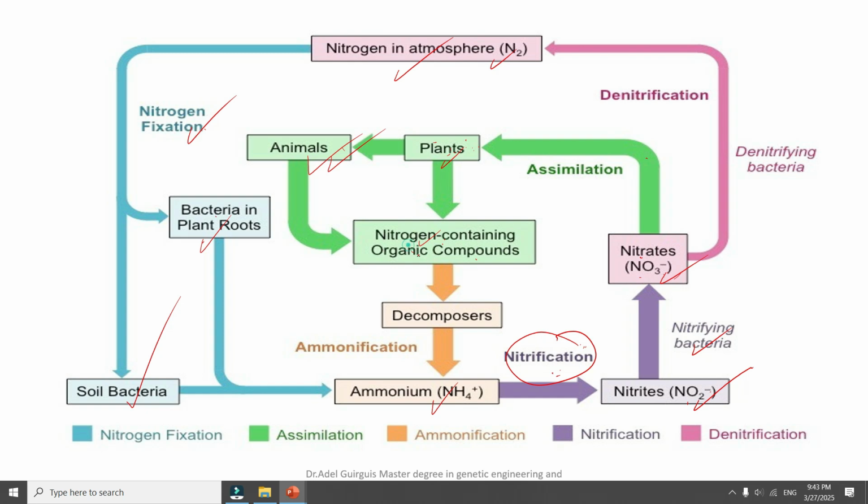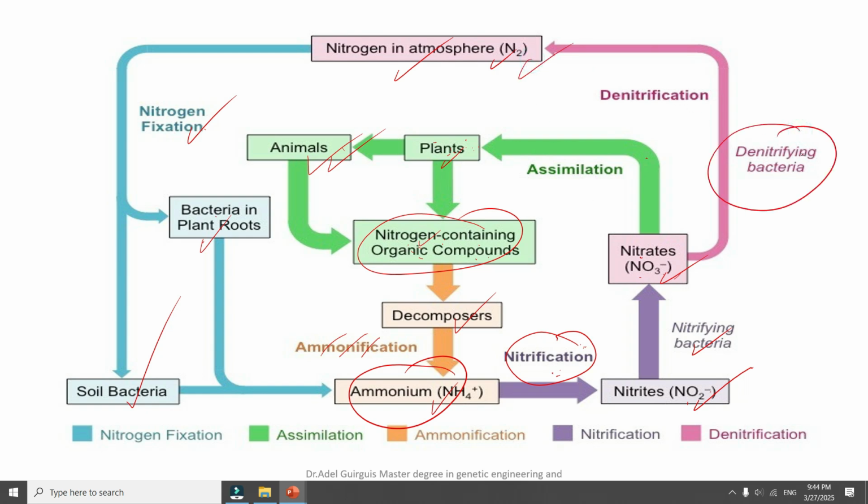They are organic compounds containing nitrogen, decomposed by decomposers, by fungi, by certain types of bacteria to produce ammonium. This is called ammonification, not important. To produce ammonia.